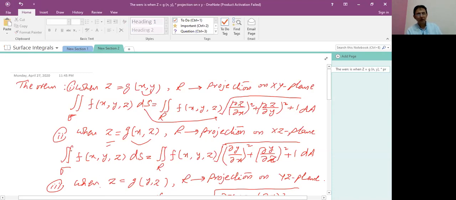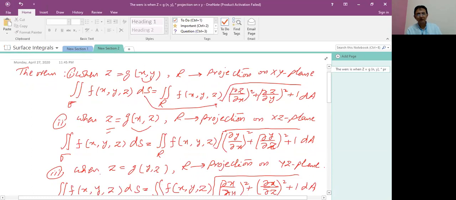So if you find the surface integral, double integral over sigma of f of x y z into dS, it equals the double integral of the given function, where dS in terms of the xz plane is the square root of (dy/dx)^2 plus (dy/dz)^2 plus 1, into dA.